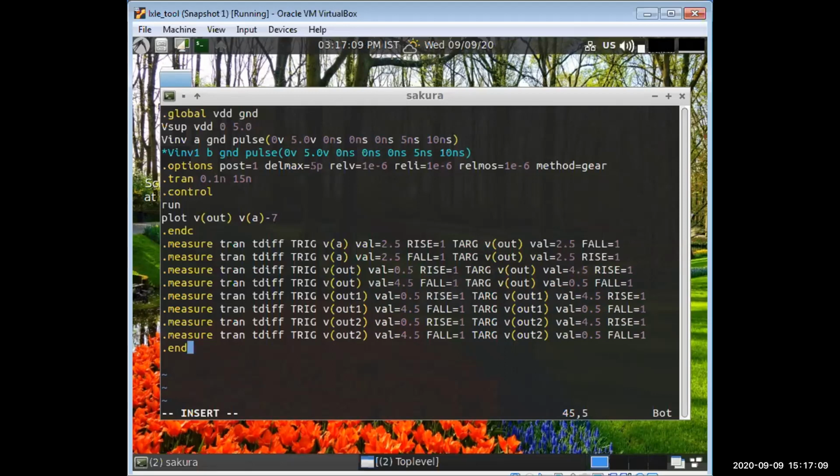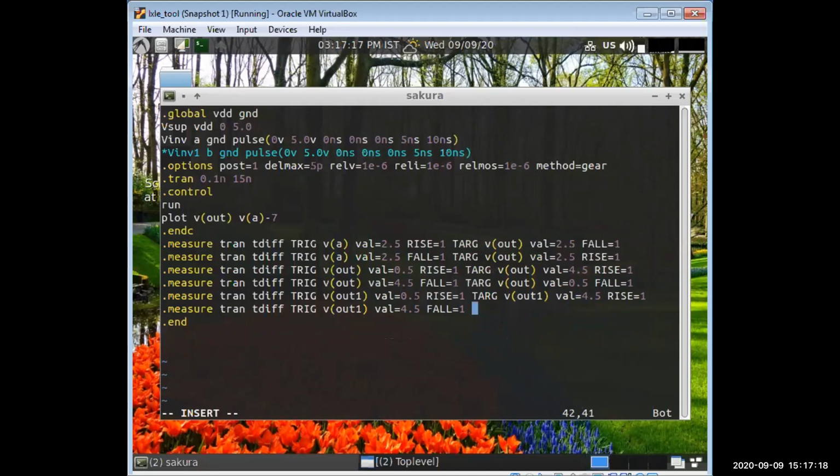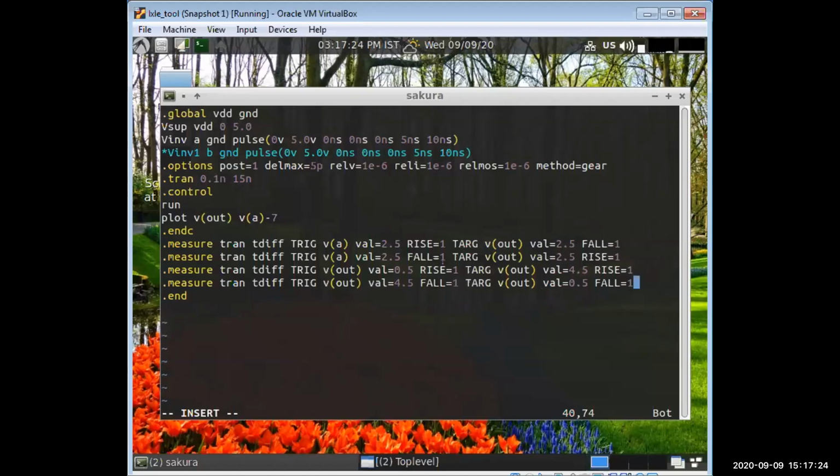So that I have written. Let's remove all this. Similarly this one is for fall, that means 90 to 10%. Now let's run the curve.